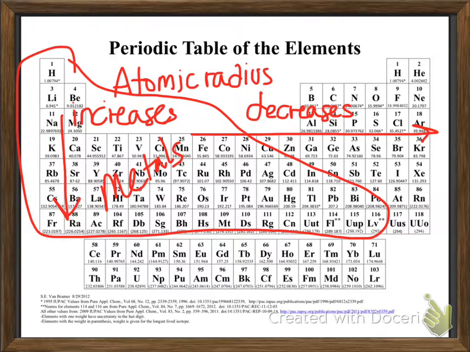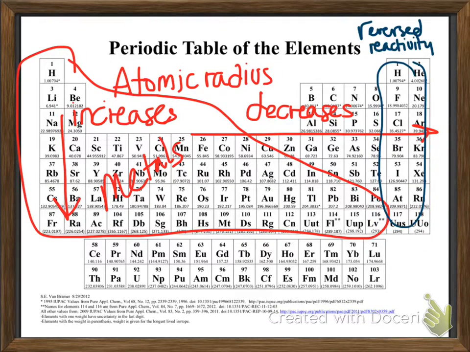As atomic radius increases, reactivity tends to increase as well, because the nucleus can't get as strong a grip on those outer electrons due to electron shielding. In the halogens, the reactivity pattern is reversed, because halogens' reactivity is dependent on attracting an electron. So the smaller the radius of the atom, the stronger a pull the nucleus can exert on the outer shell.